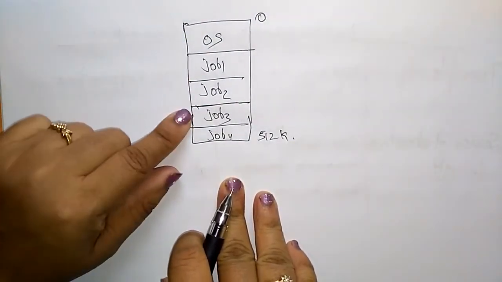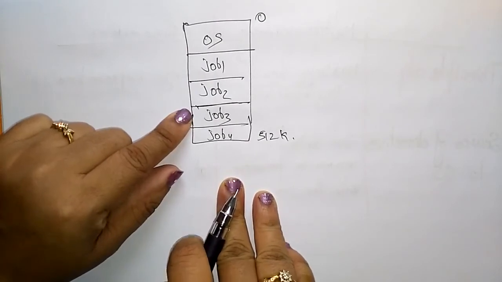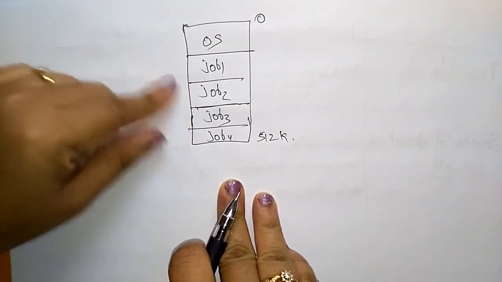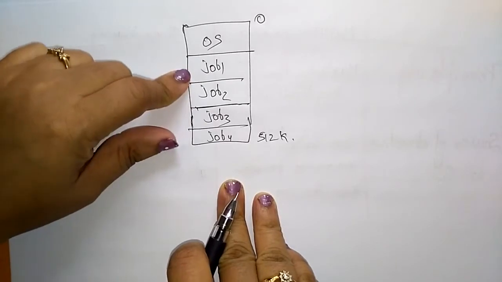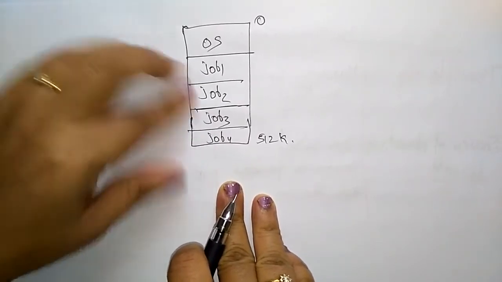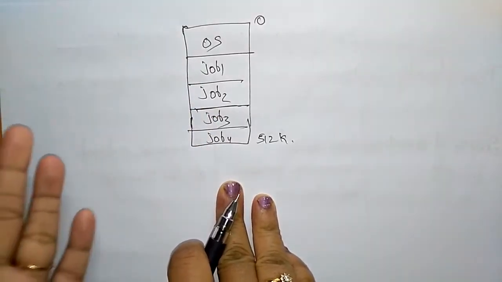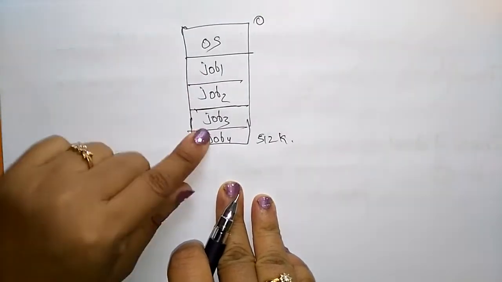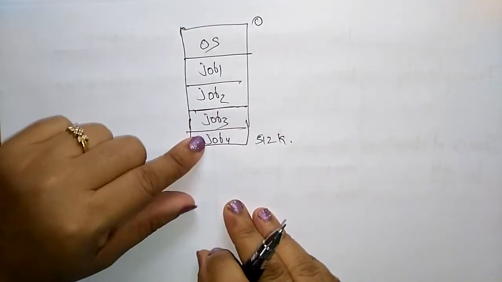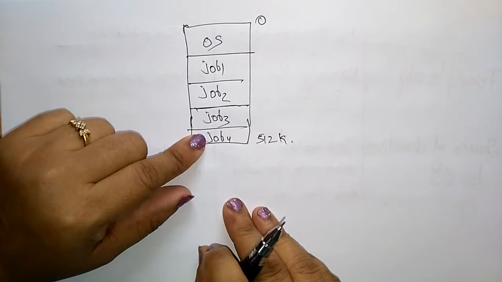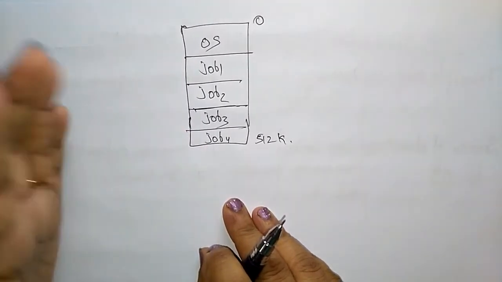Here the multiple jobs are executed by the CPU by switching so frequently, much more frequently when compared to multi-programming.